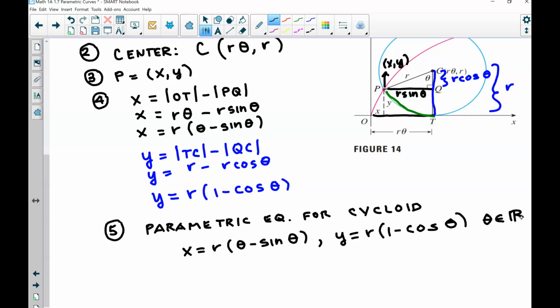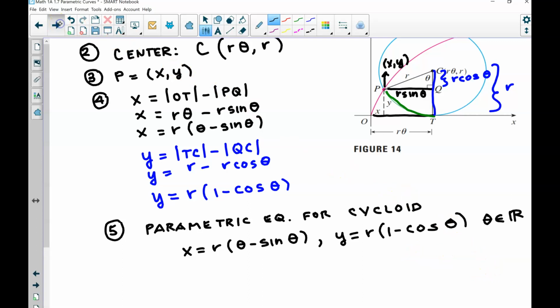One arch of the cycloid comes from one rotation of the circle, so it is described by the restriction 0 to 2 pi. Although equations 1 were derived from figure 14, which illustrates the case where theta is between 0 and pi over 2. So again, we want to be careful of our restrictions.